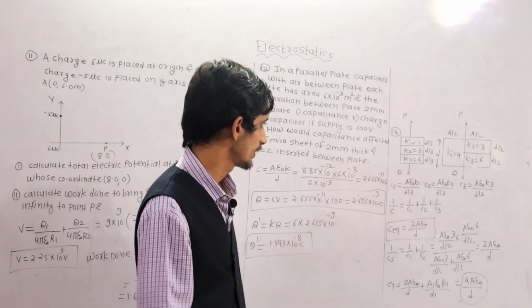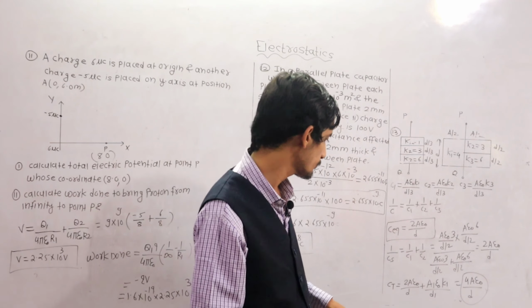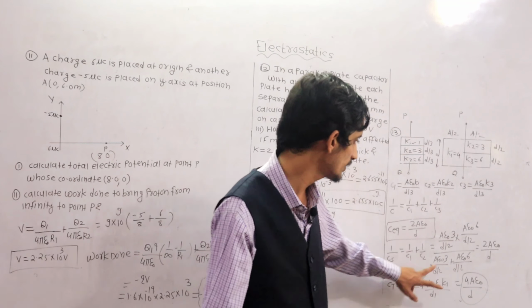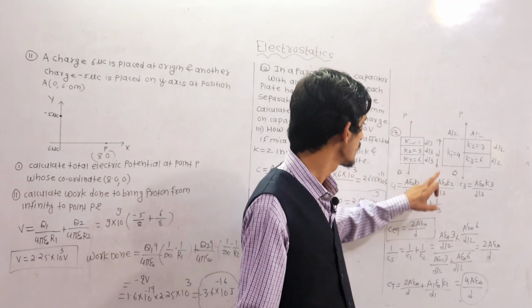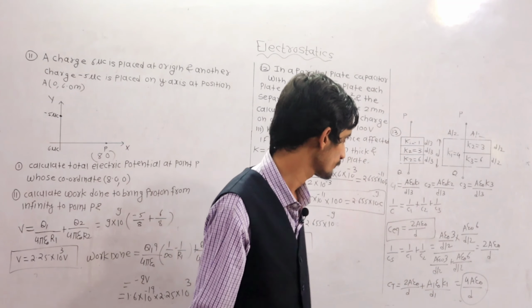Okay. Now this capacitor and these capacitors are in parallel, so for parallel, what is the total formula? CT is equal to C1 plus C2. So C1 is 2A epsilon naught by D plus A1 A epsilon naught K1 by D1. Clear?